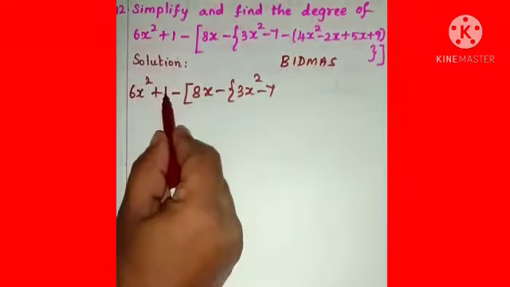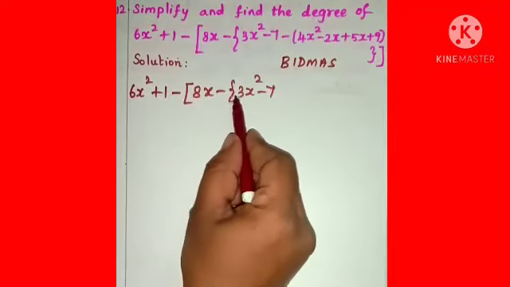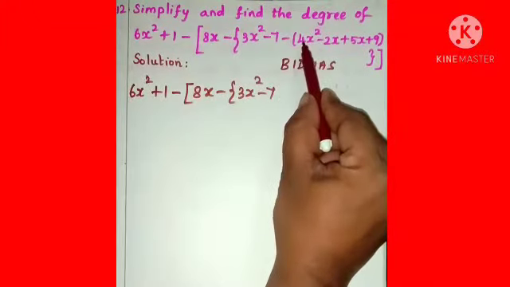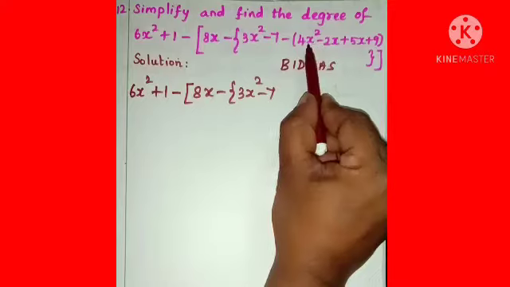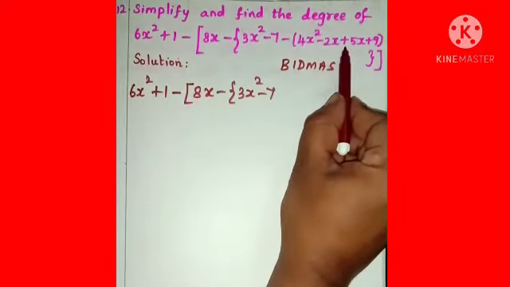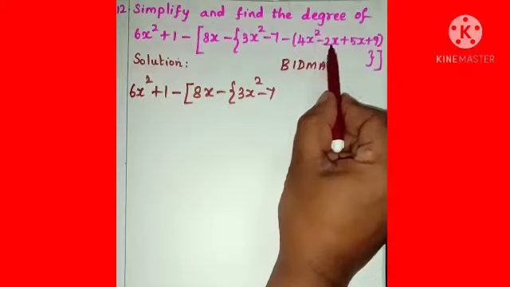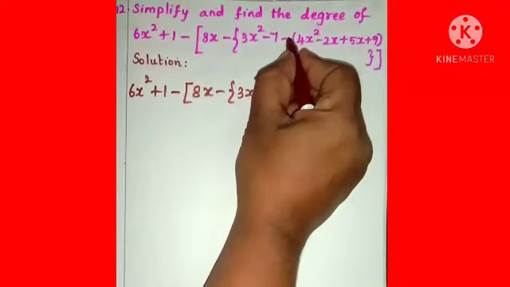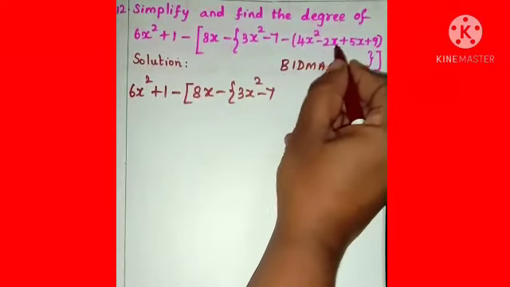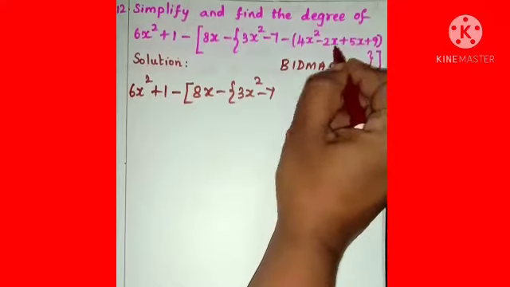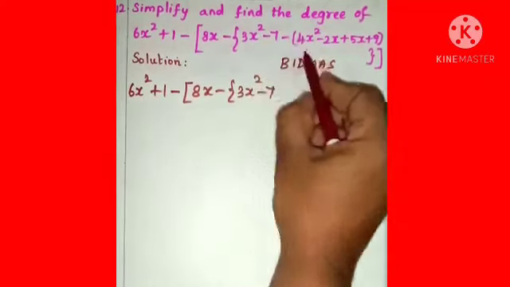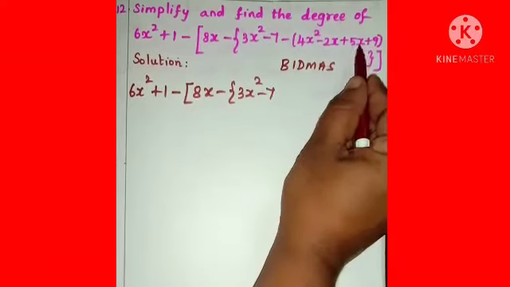We can write 6x square plus 1 minus of 8x minus of 3x square minus 7, and here the innermost bracket is the expression within it, 4x square minus 2x plus 5x plus 9. Here we can multiply minus with the terms inside the bracket, or else when the minus sign is before the bracket, we can change the sign of each term in the bracket.